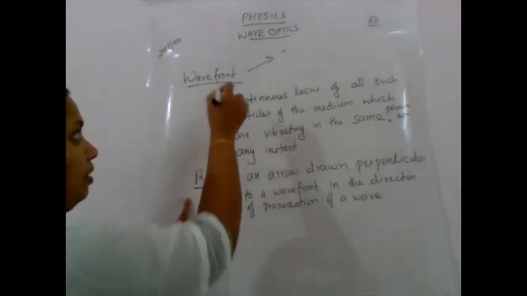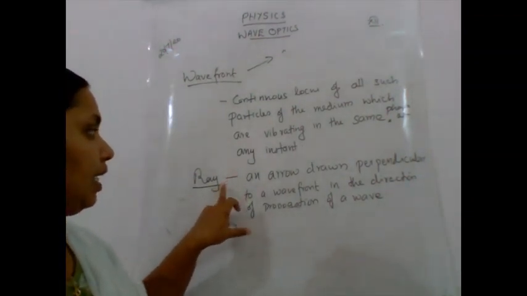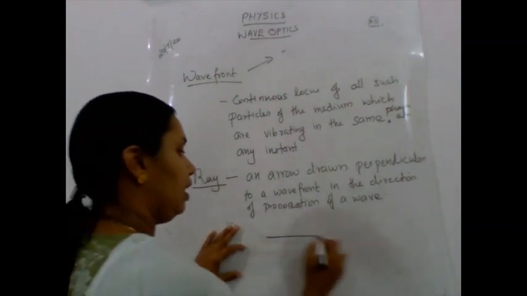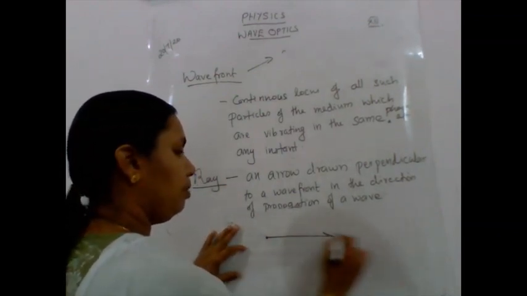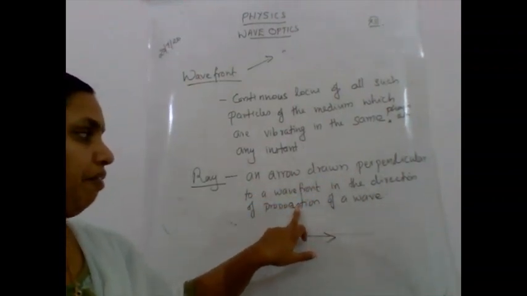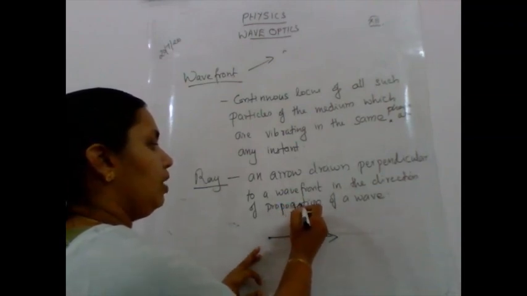So after that I will tell you. So what is that ray? In a ray, here we know the direction, isn't it? We studied that ray. It is originating from here. This is the direction. So an arrow drawn perpendicular to a wavefront in the direction of its propagation of a wave, that is known as the ray.